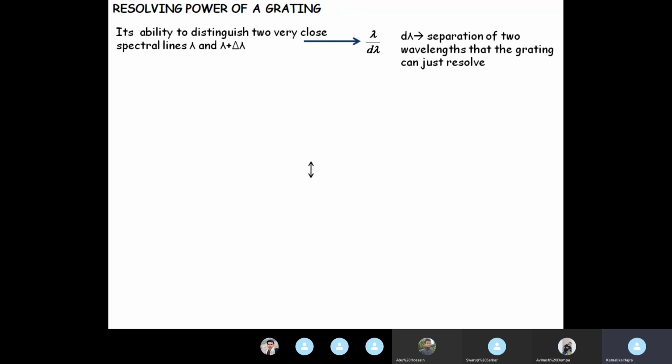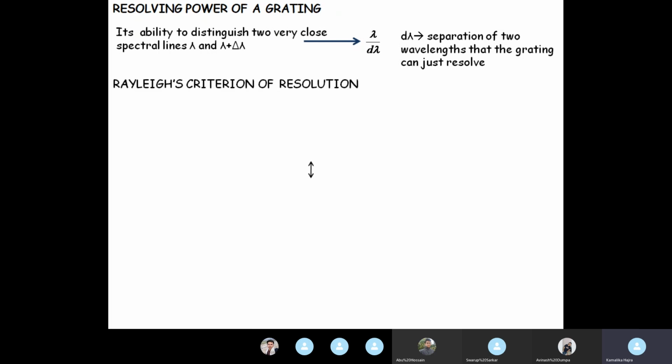So if you are using a grating that can resolve two sodium lines of separation 6 angstroms but cannot separate two lines which are separated by less than 6 angstroms, then d lambda for that instrument is 6 angstroms. Okay.